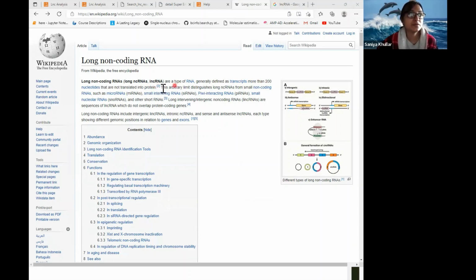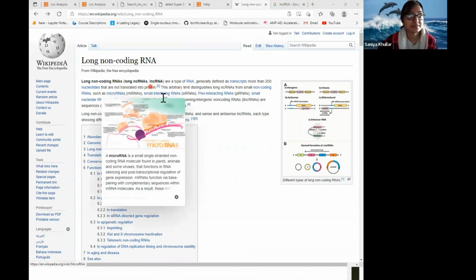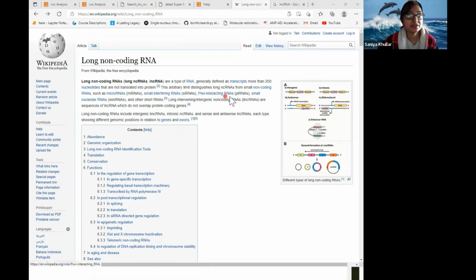Being more than 200 nucleotides is what separates these long non-coding RNAs from other types of small non-coding RNAs like microRNAs, small interfering RNAs, piwi-interacting RNAs, small nucleolar RNAs, and other short RNAs. Long intervening intergenic non-coding RNAs, lincRNAs, are sequences of lncRNA which do not overlap with protein coding regions. So that's what lncRNAs are.